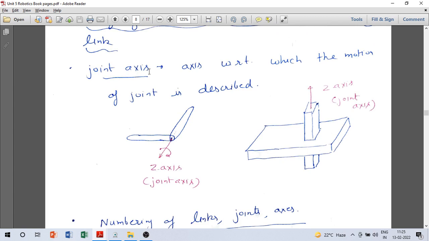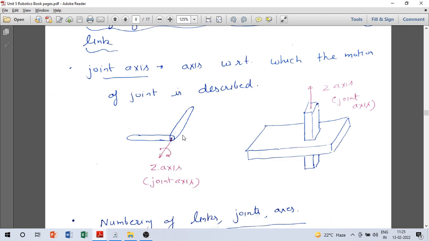One is joint axis. Joint axis is the axis with respect to which the motion of the joint is described. Here you see there is a revolute pair between these two links, and we call the joint axis the z axis, the axis of rotation, because the rotation theta along that axis describes the motion of the joint.